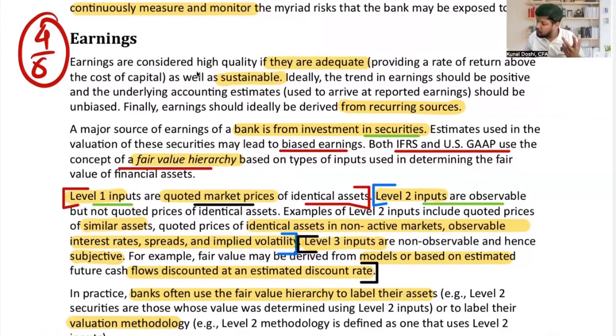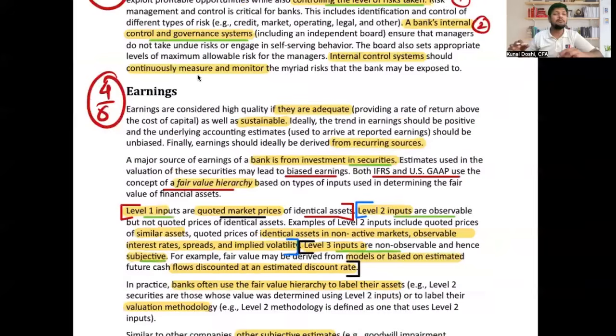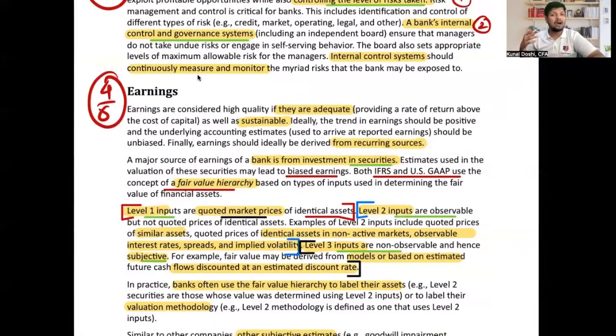Okay. They are more volatile. Level three is when there is no observation. So that is quite subjective. That is the riskiest valuation. Okay. Banks use different hierarchies to value their assets. Okay. Remember, if it is more subjective, then in that case, it is considered to be less qualitative earnings.